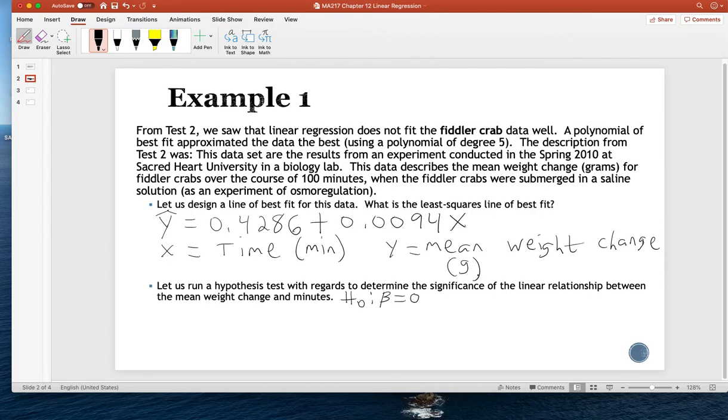Or if we wanted to write that in words, that there's no association, no linear relationship. The alternative is that there is a linear relationship. So beta is not 0.